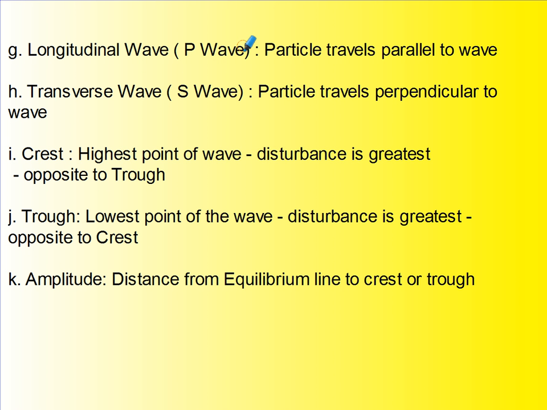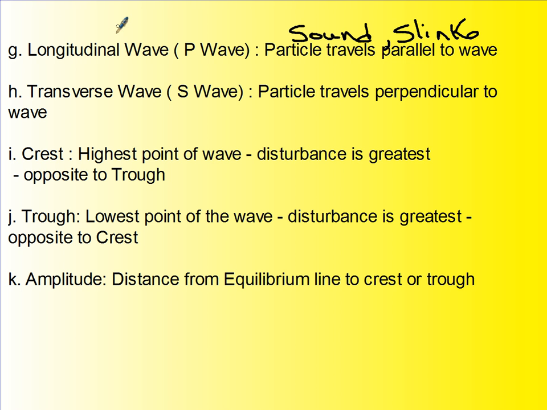Now, a longitudinal wave. On a longitudinal wave, the particle travels parallel to the wave. Sound waves are longitudinal waves. Slinky waves, when you push it back and forth and they vibrate back and forth, these are longitudinal waves.